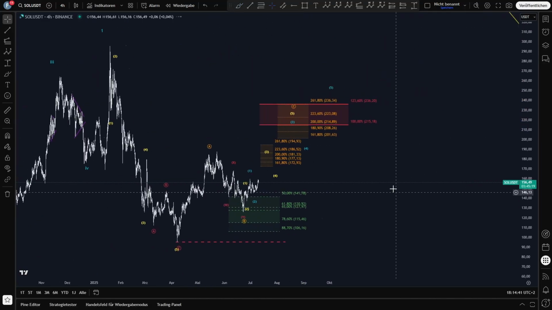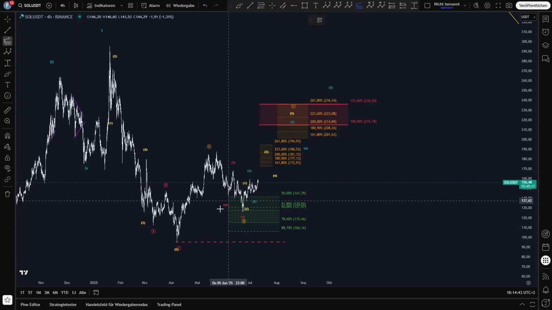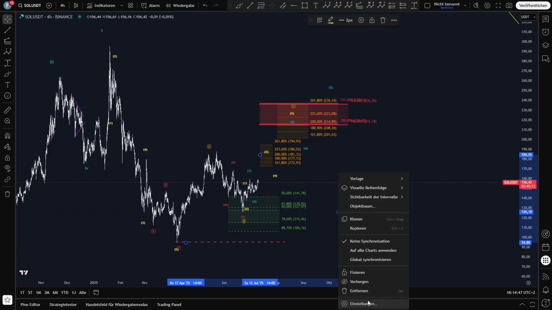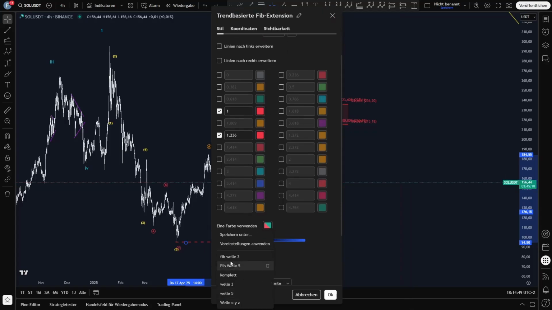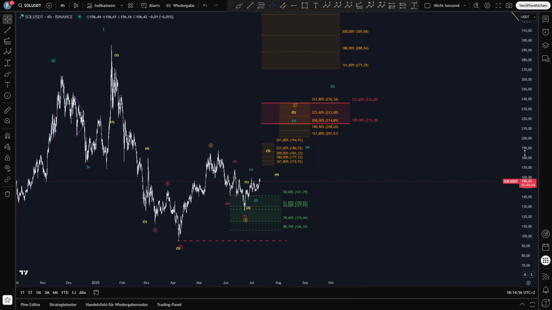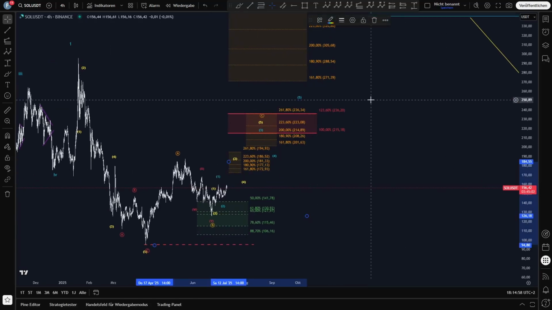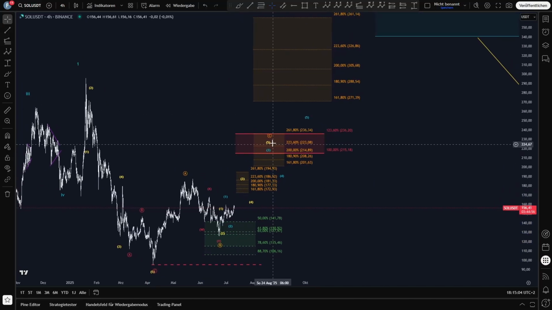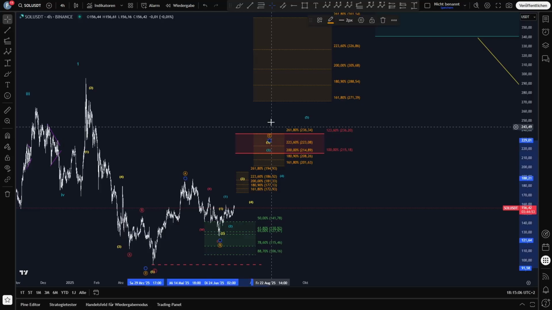So let me add a second target area. In that case, we could see higher prices. So let me change it quickly here in percent. We could go higher. So the target area of the wave C is identical to the target area of wave 3, with one exception.